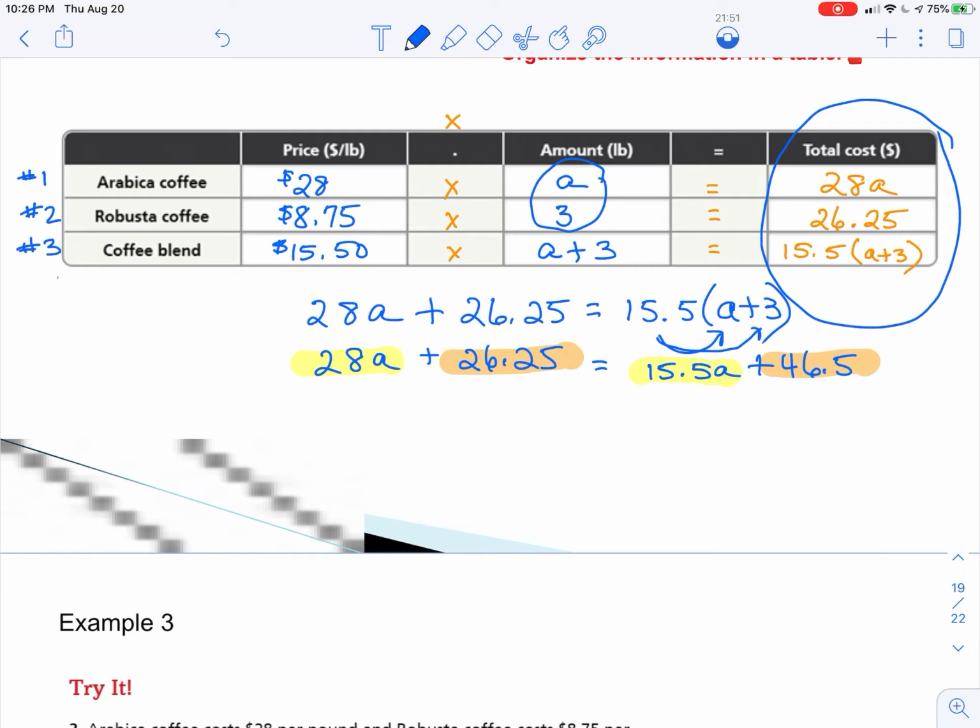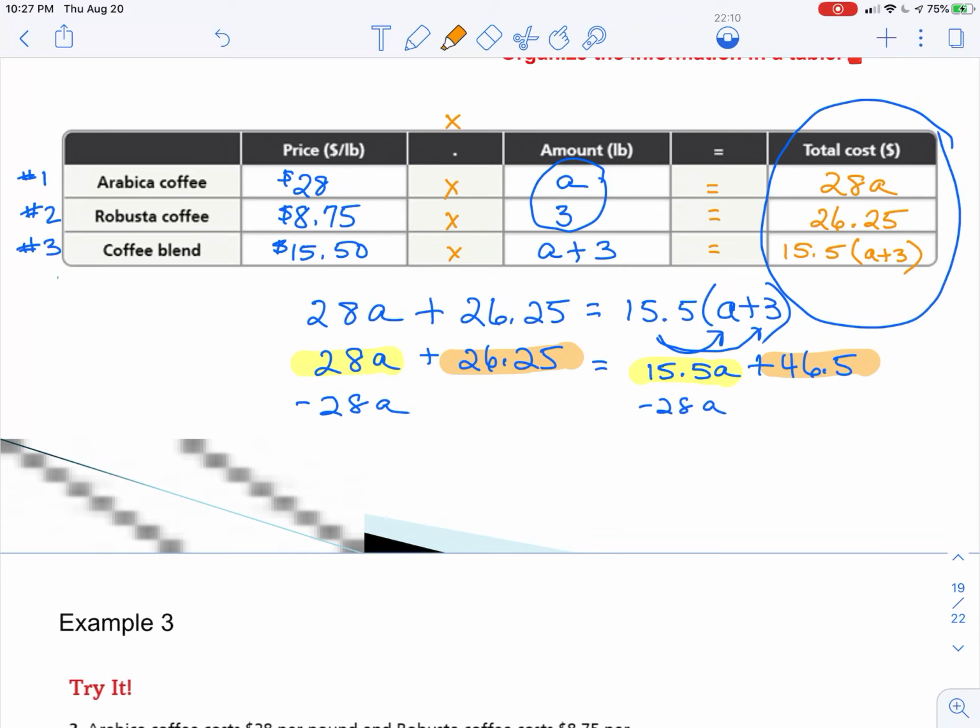Now to get our A terms together, you need to take a look at 28A and 15.5A and decide, do I want to subtract 28A from both sides? Remember in class I said it doesn't really matter which way you want to subtract.